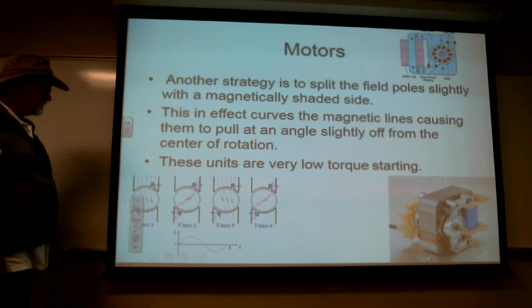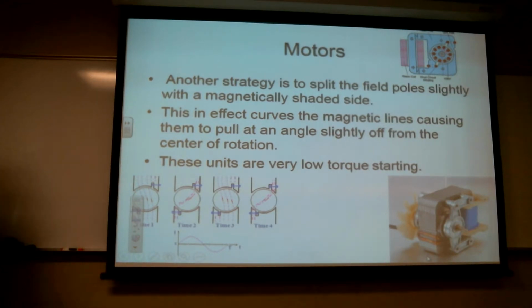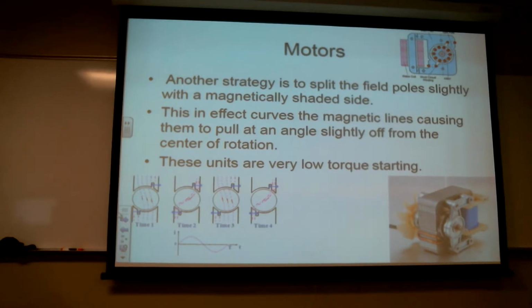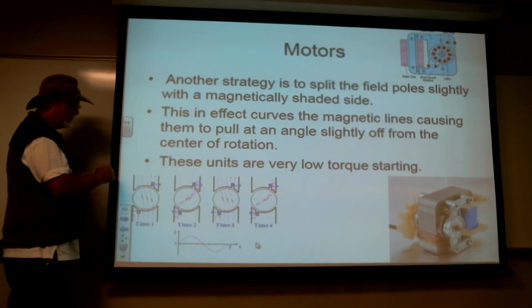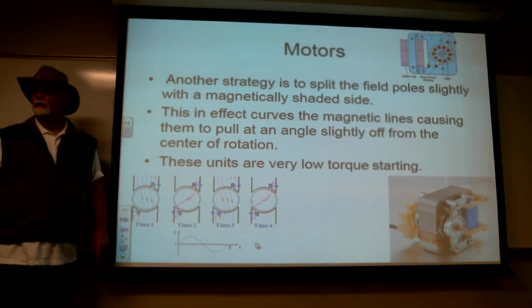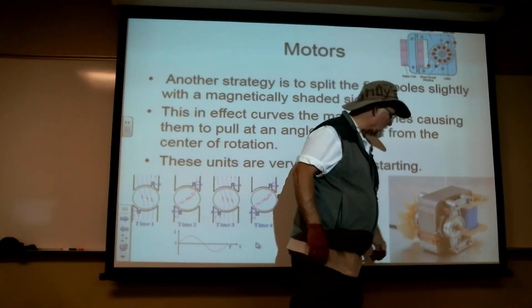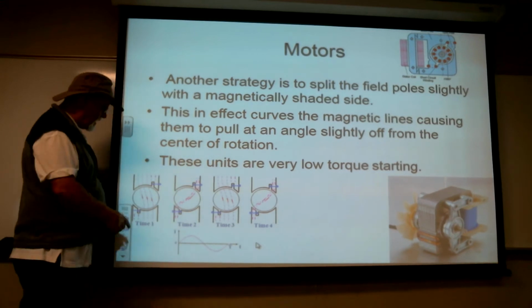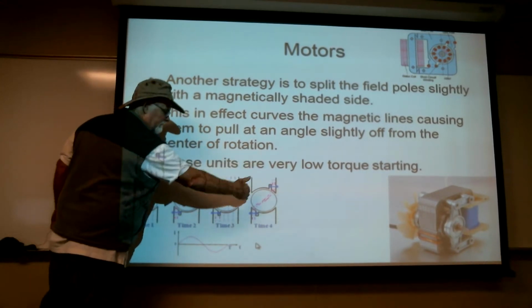So without any shading, the magnetic fields are going to build up and collapse and build up and collapse. But by wrapping a little bit of it with just a conductor, a little bitty copper conductor will work, that's going to cause these guys to form just a little bit of an S-curve.